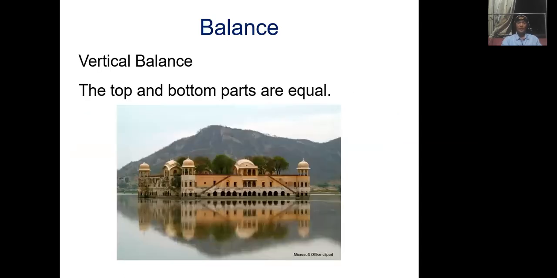Then vertical balance, where from top to bottom are equal parts. Here in the vertical balance there is the reflection of the building in the water. Whatever you see on the building is exactly identical with what's down there as a reflection in the water.